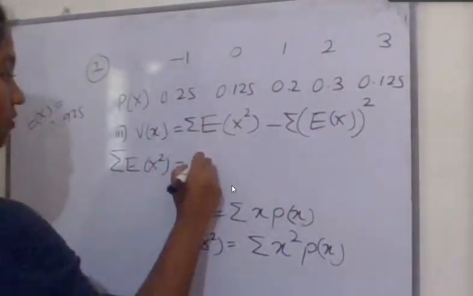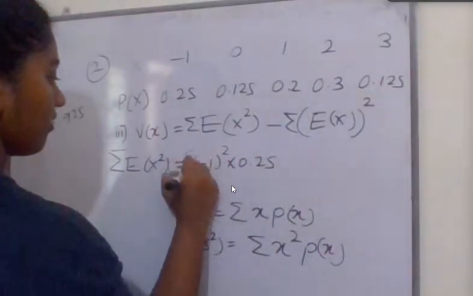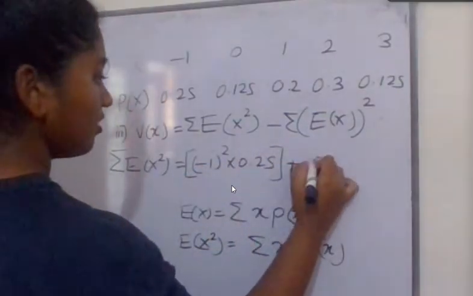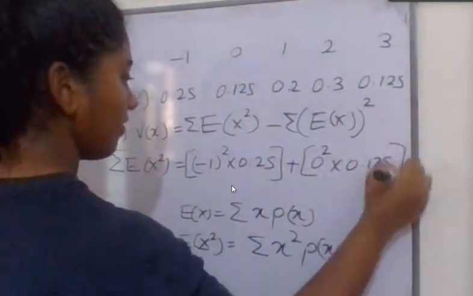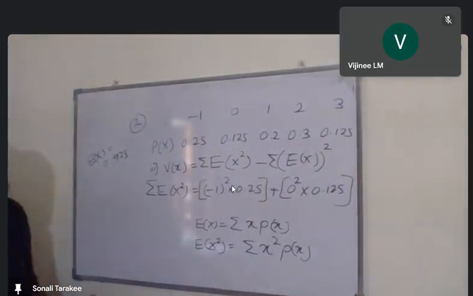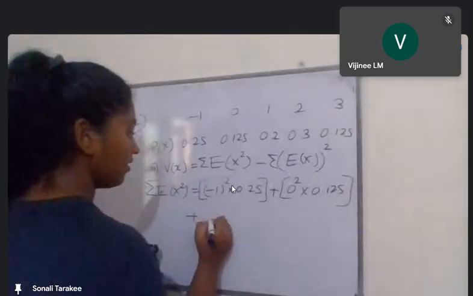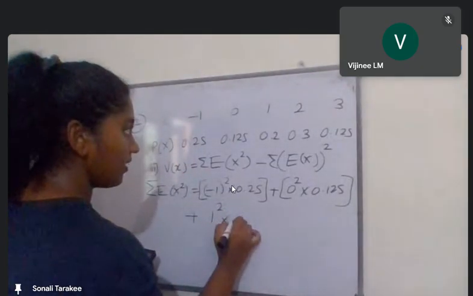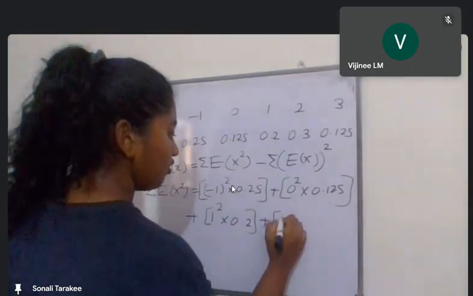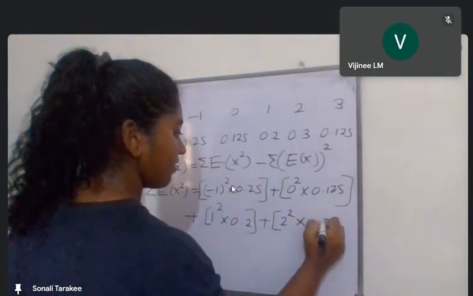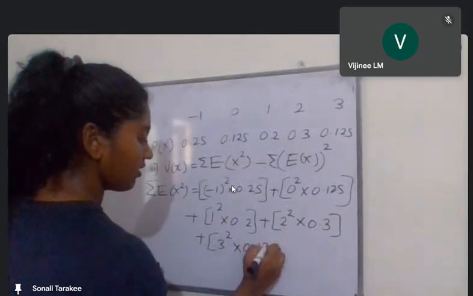So minus 1 squared multiplied by 0.25 plus 0 squared multiplied by 0.125 plus 1 squared multiplied by 0.2 plus 2 squared multiplied by 0.3 plus 3 squared multiplied by 0.125.